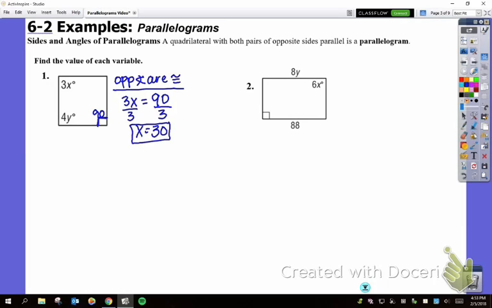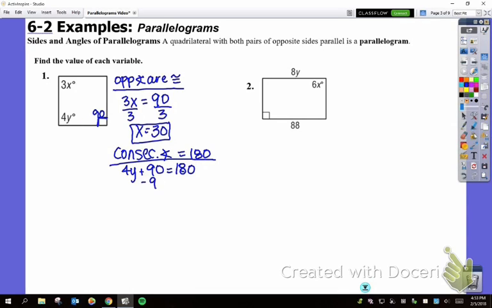Now, 4y is not opposite of 90, but it is consecutive to 90. So to find y, we would say consecutive angles equal 180, and we could say that we have 4y plus 90 equals 180.